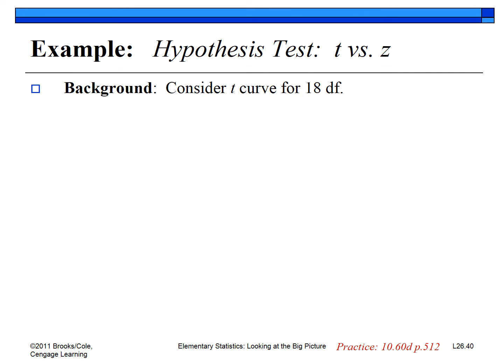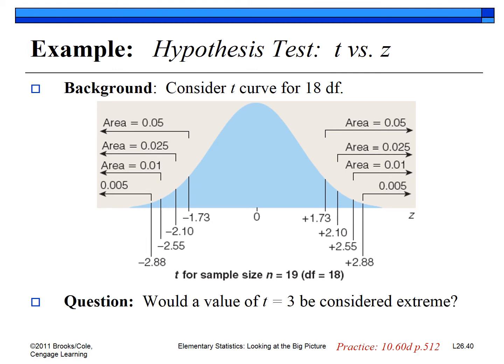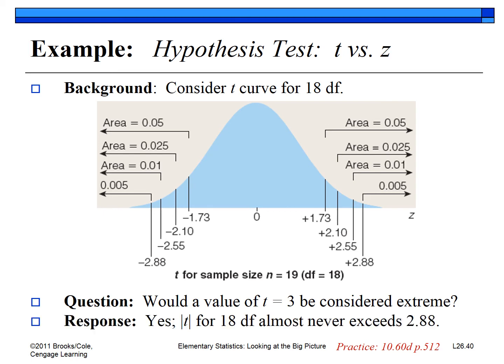So looking at that t curve with 18 degrees of freedom, here it is with the relevant critical values highlighted. Would a t value of 3 be extremely big? Well, yeah. 2.88 represents kind of the biggest cutoff that we have, which corresponds to an area of half of 1%.